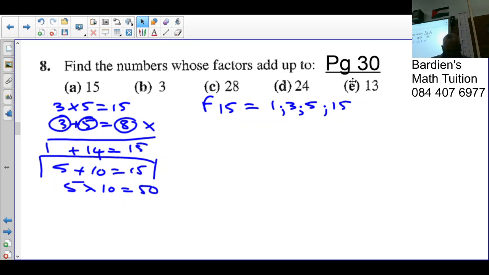So I looked at 50. I'm not sure how I worked it out, to be honest. Find the numbers whose factors add up to 50. The factors of 8 equal 50. I think so. Okay, I can't make sense of that.